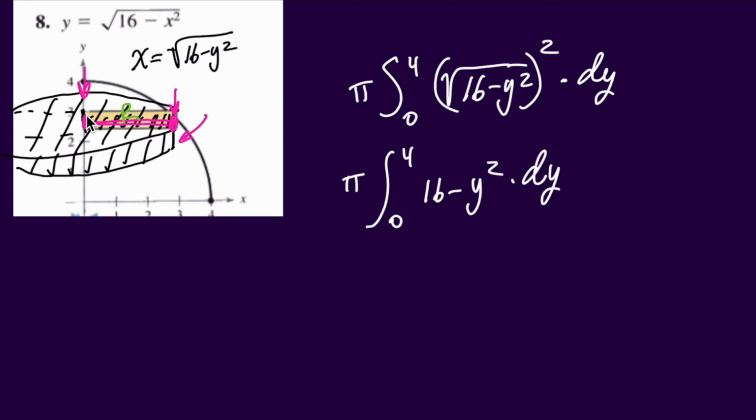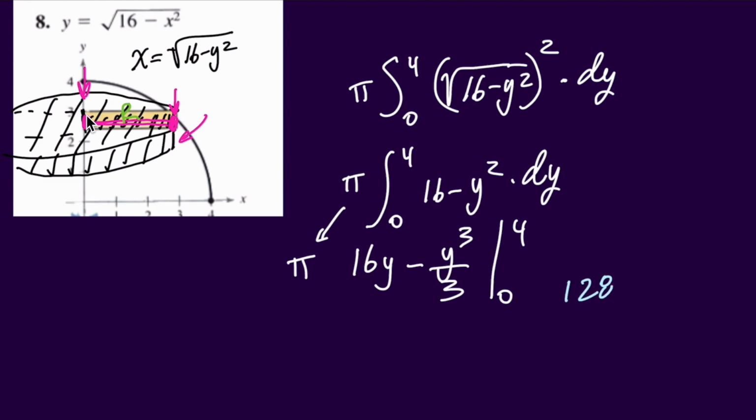If we take the antiderivative of that, we're going to have pi, can't forget the pi, 16y minus y cubed over 3, evaluated from 0 to 4, and when you plug that in and do your math, the final volume is going to be 128 pi over 3 for this problem.